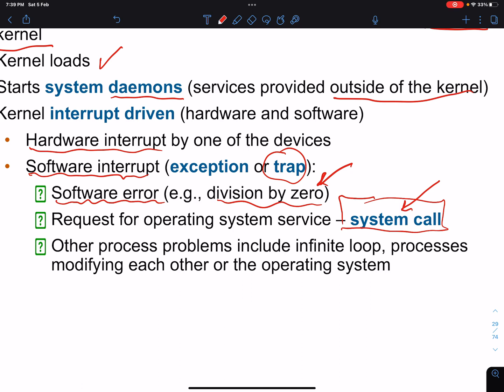Whenever you want to print something to the screen, whenever you need to read something from a file, all those are nothing but system calls inside the operating system that work as services that you can use, right? And based on that, each and every one of them generates an interrupt.